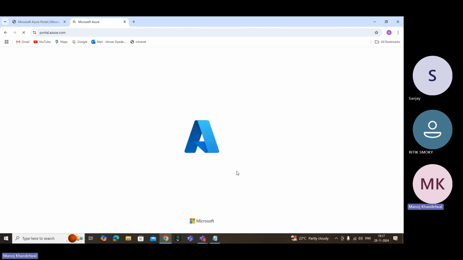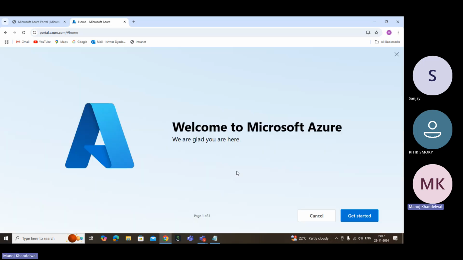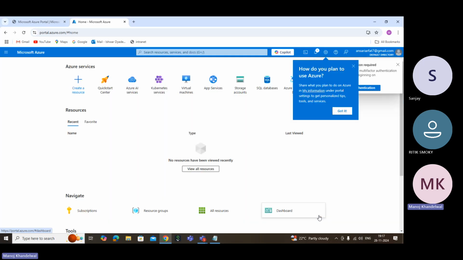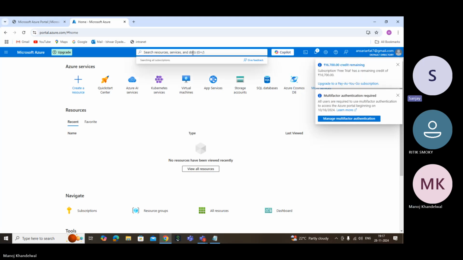Okay, it is logged in, right? So we are onto Azure now, correct? Welcome to Azure. So let's start. Can you all see the Azure screen? Hello? Yes. Yes.